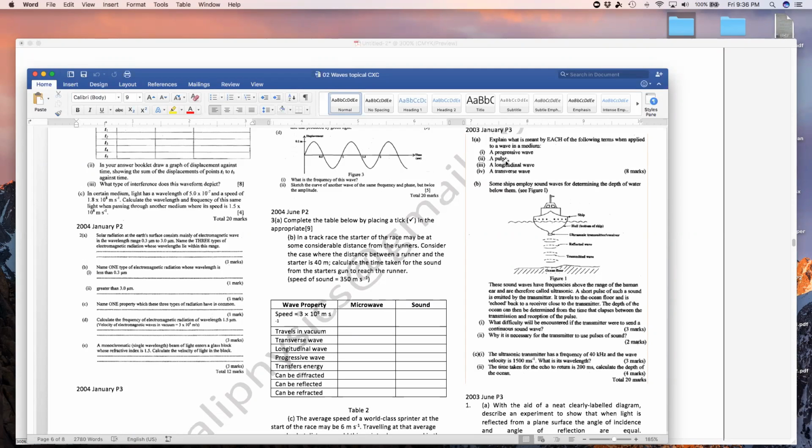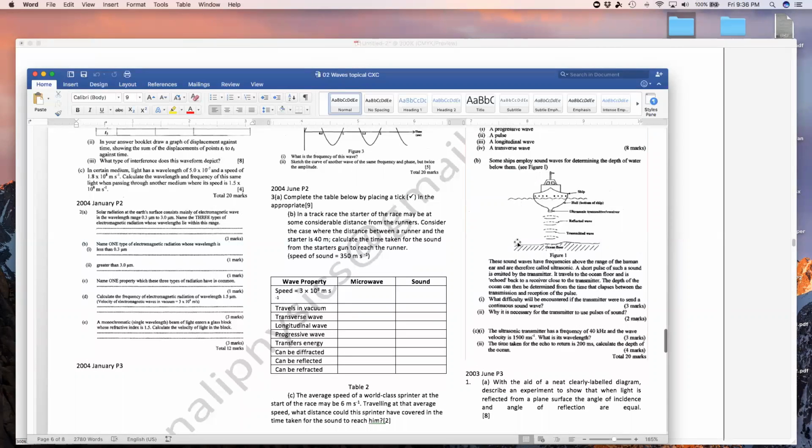Now, everybody knows what a pulse is. I went into detail on what a pulse is. A pulse is a short duration wave. We know what a longitudinal wave is: a wave in which the medium vibrates parallel to the direction of motion of the energy. And we know what a transverse wave is.